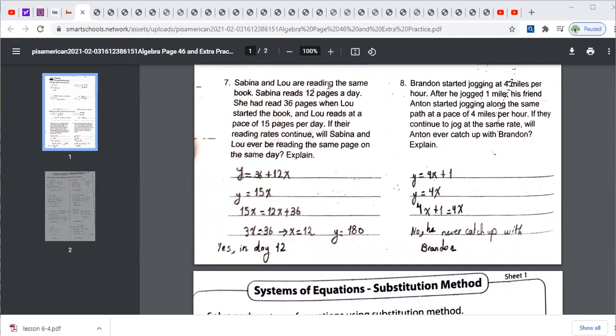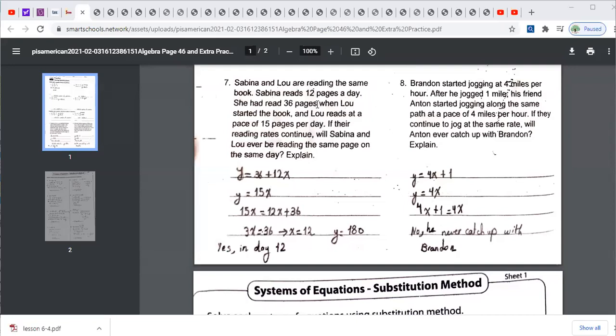Sabina and Lou are reading the same book. Sabina reads 12 pages a day. She had already read 36 pages. Could you please tell me, Sabina reads how many pages per day? 12. So we have to put a variable here because this action happens every day, so we say 12x.